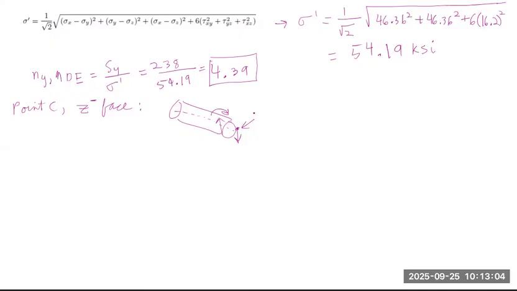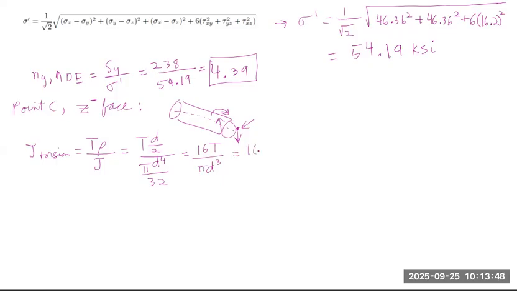And basically tau torsion at maximum is equal to torque times the radius, but in general form it's T times rho over J, where J is the polar moment of inertia. So we will have torque times d over 2 over pi d to the power 4 over 32, which is equal to 16T over pi d cubed.